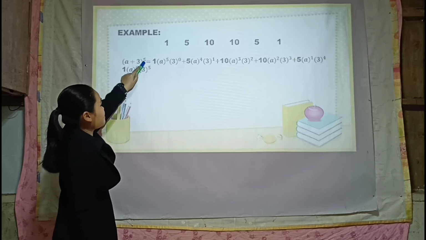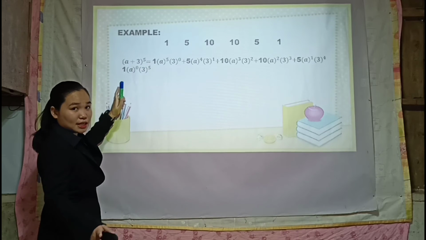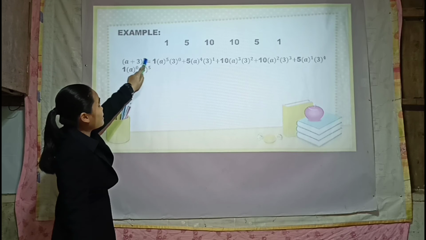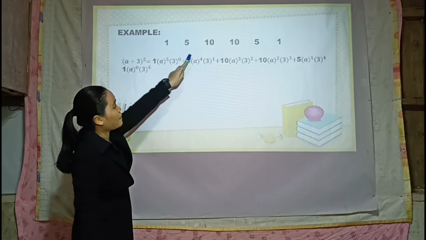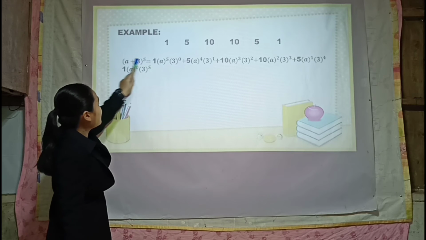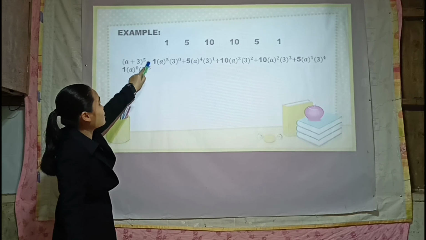Since our n is 5, we have 6 terms. So, 5 plus 1, we have 6. And those terms, the coefficients are 1, 5, 10, 10, 5, and 1. So, first, we have to distribute the a and b to our coefficients.